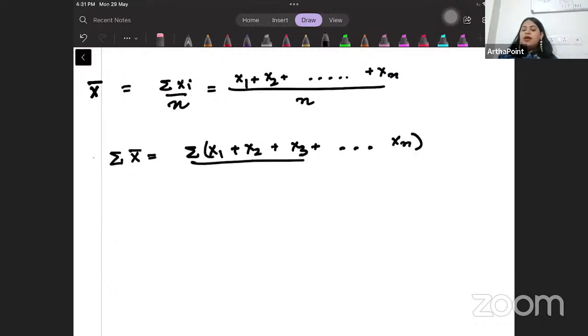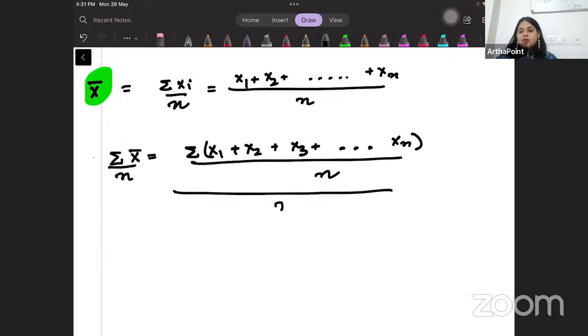It is asking what is the mean of x bar. So if I have to find the mean of x bar, then I must sum x bar and divide it by n.